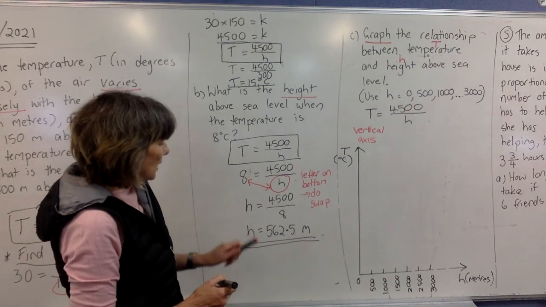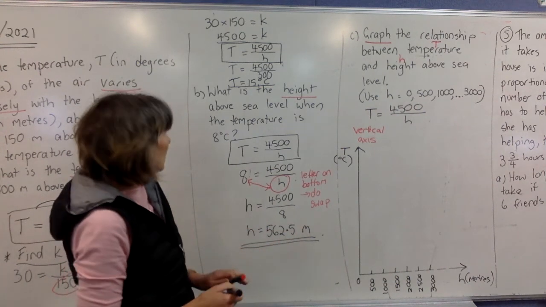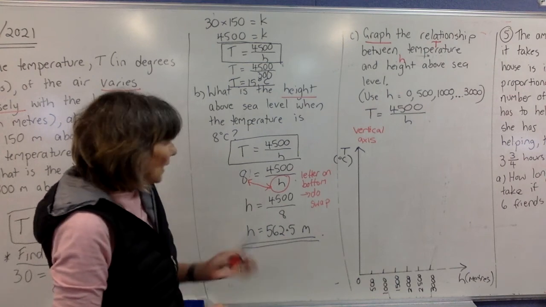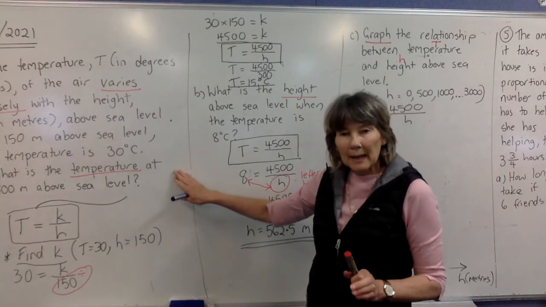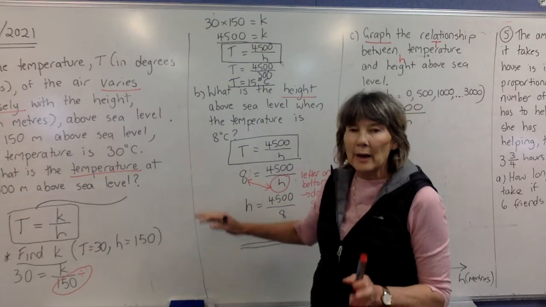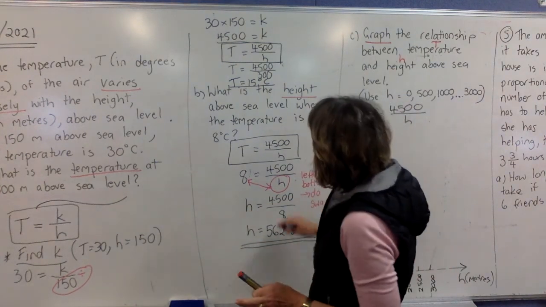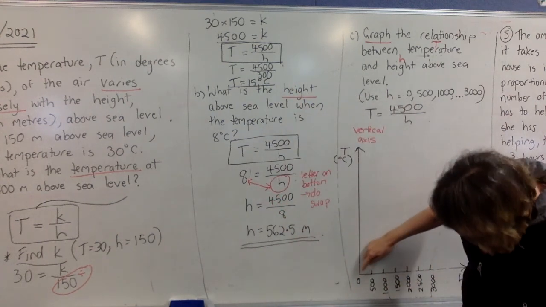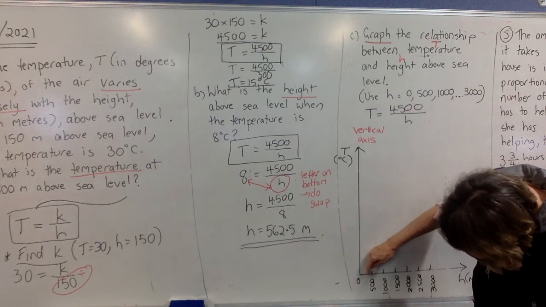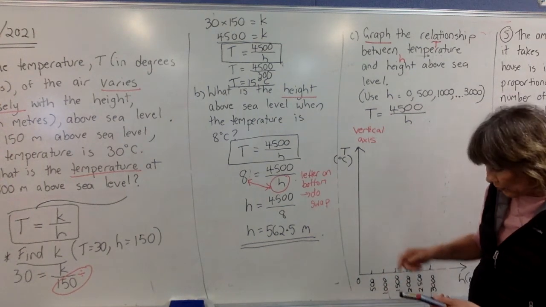Okay, so now we're going to actually graph what we know so far. So if we have a look back on what we've done so we don't have to do too much extra work, back here it said what's the temperature at 300 metres above sea level, and it was 15. So 300 metres above sea level would be about here, and it went up to 15.